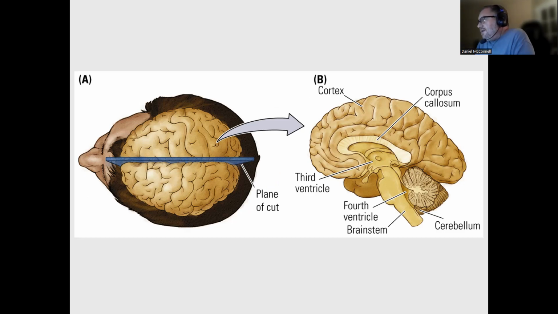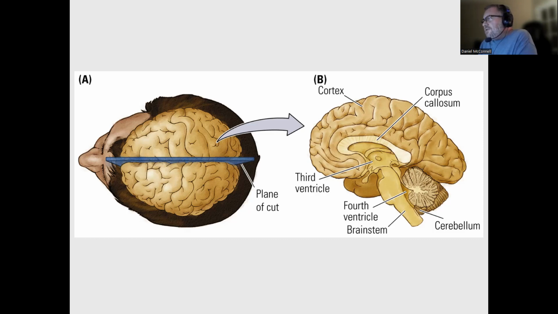Now this has a medial view, and we can see, again, the cortex fairly well here. The corpus callosum is harder to visualize in this particular plane, so much better in the previous one, where you can see how it crosses between the two hemispheres. We see some additional ventricles, not too easy to visualize there. Again, maybe we don't care so much about where these ventricles are, but you can get a good view here of the brainstem and cerebellum in relation to the cortex.